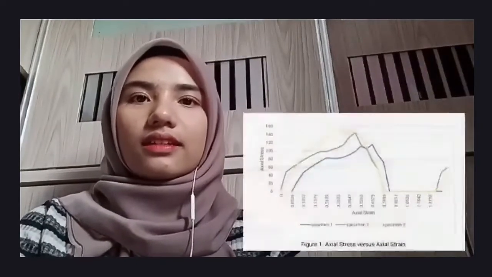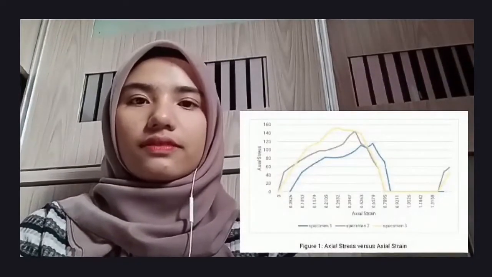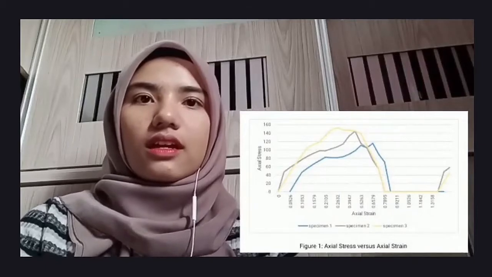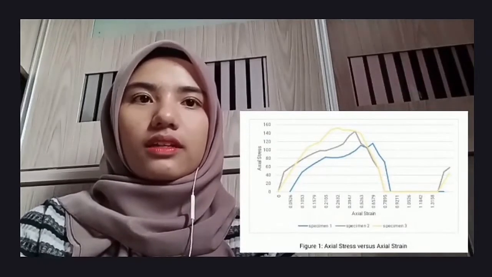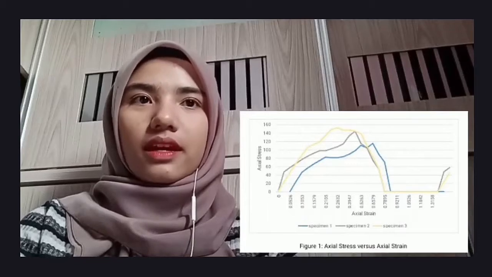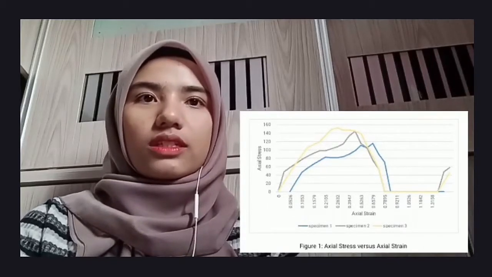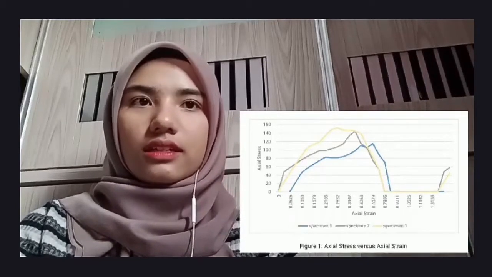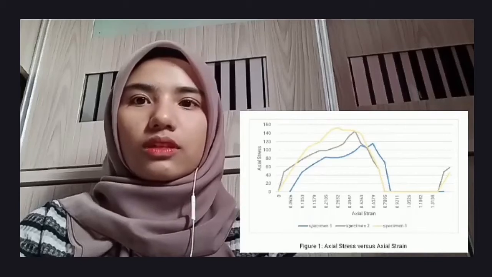The next is the graph of axial stress versus axial strain. From the graph, we can see that the three specimens have the same pattern, which is increase, decrease, increase back and drop to 0 and increase back.